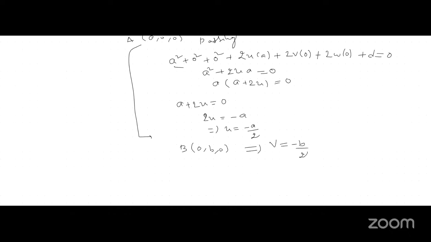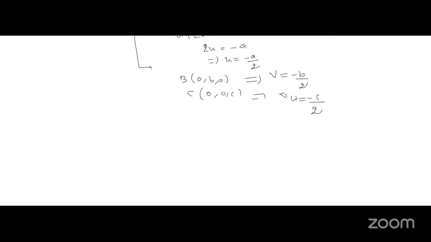Next, 0, 0 comma c, then we get w equal to minus c by 2. So therefore u equals minus a by 2, v equals minus b by 2, w equals minus c by 2, and d equals 0.